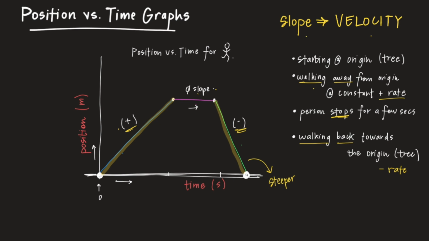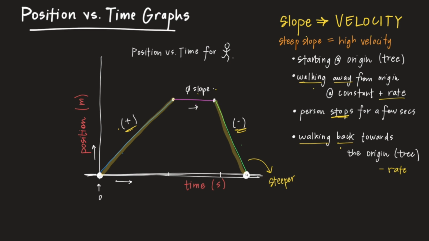So that means the slope tells us the velocity of the person, and the steeper the slope, the higher the velocity we have. If we've got a really, really steep slope, that means that person is moving really quickly. They've got a high velocity.